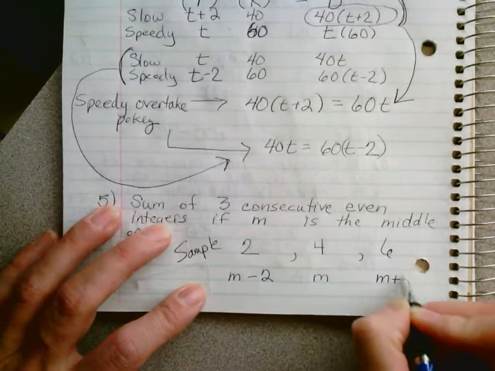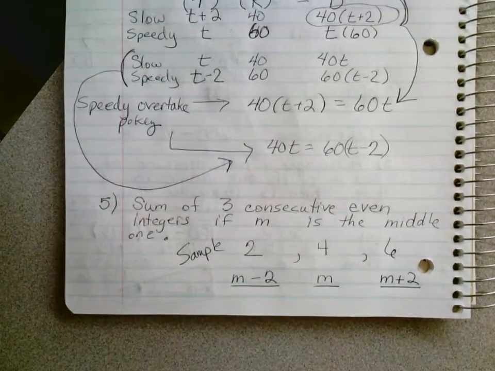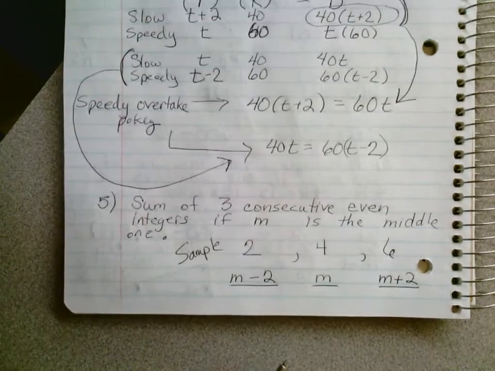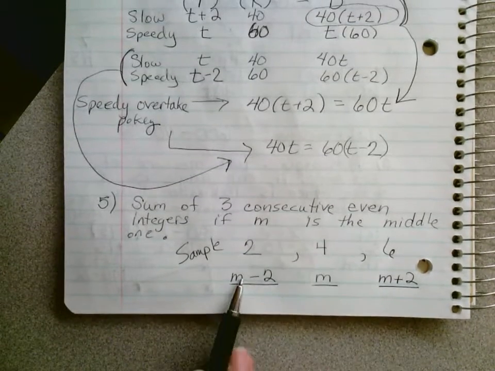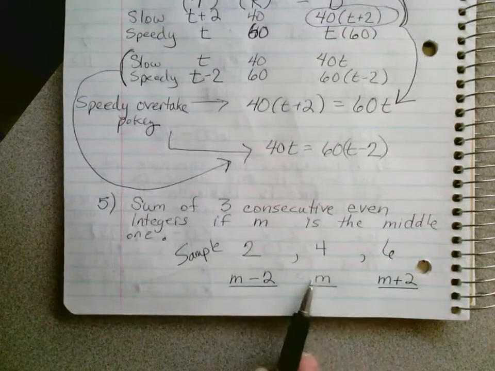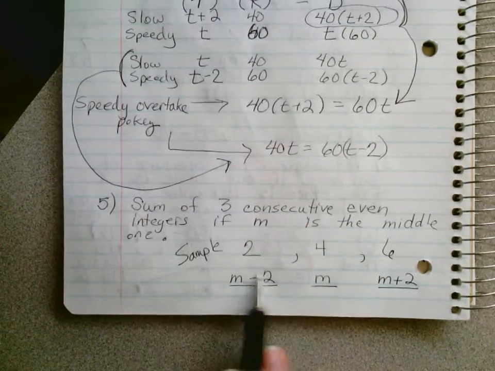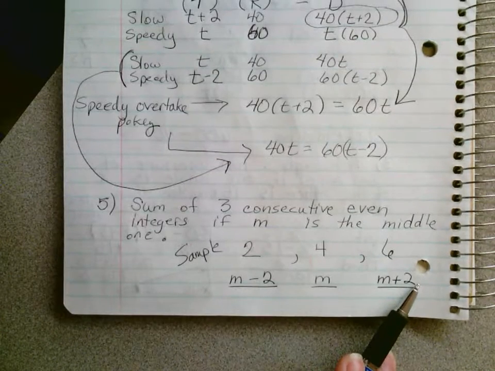We have now designated that, and that based on the fact that m is the one in the middle. If they didn't tell you that, you could have gone m plus 2, and m plus 4. But since they've designated this, you had to play off of that, subtracting and adding 2 where appropriate.